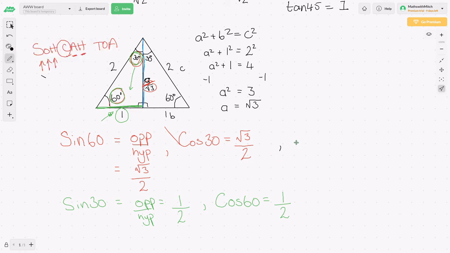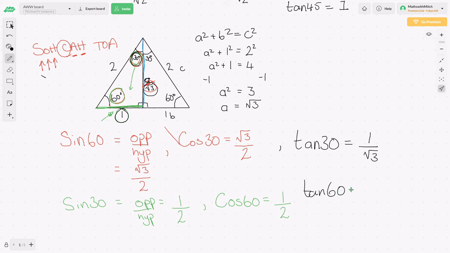So now let's finish off and look at tan. So firstly we can look at tan 30. So we're looking at it from this angle. We've got opposite is 1. We've got adjacent, root 3. So we can say 1 over root 3.